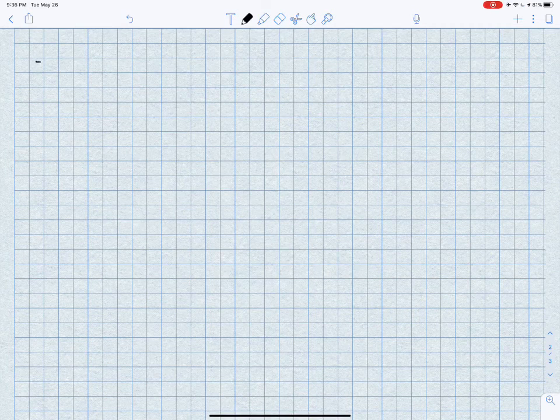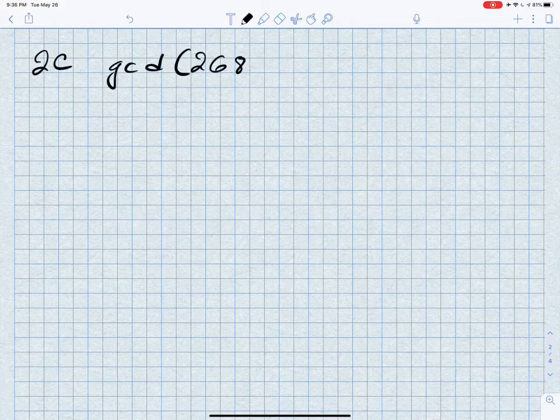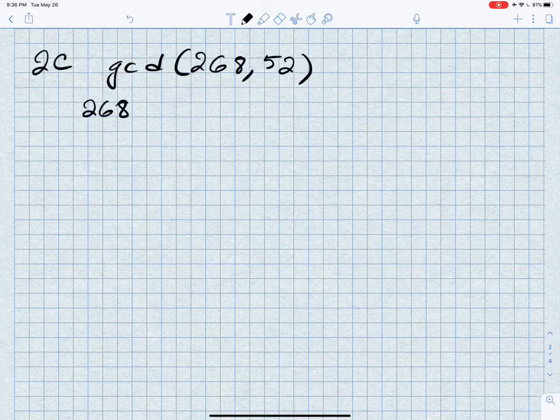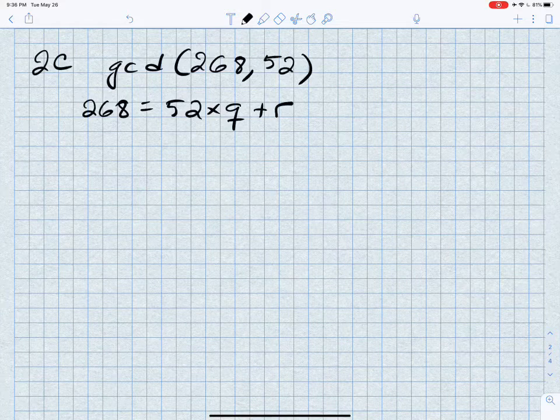All right, now let's work on 2C. So we're asked to calculate the greatest common denominator of 268 and 52. All right, so the algorithm goes something as follows. We have 268 is equal to 52 times some quotient plus some remainder. So we're asking how many times does 52 go into 268? And it goes about 5 times.